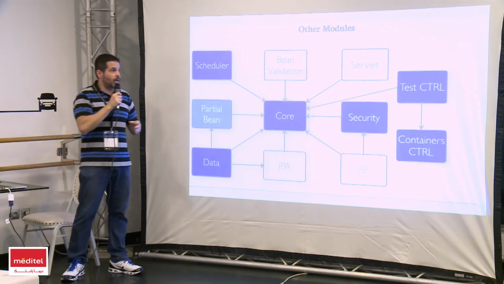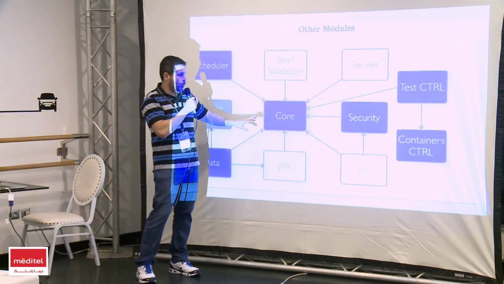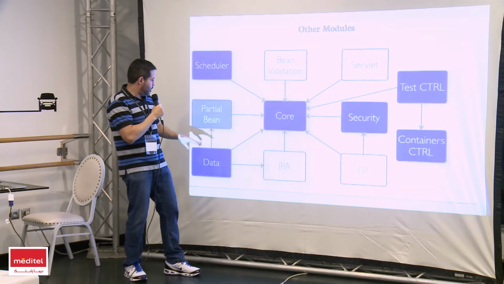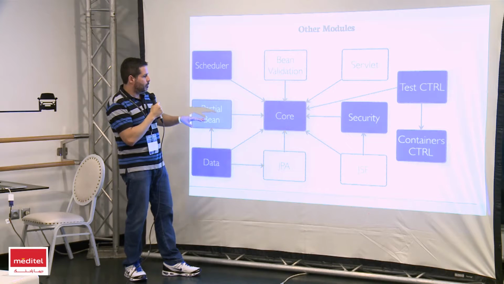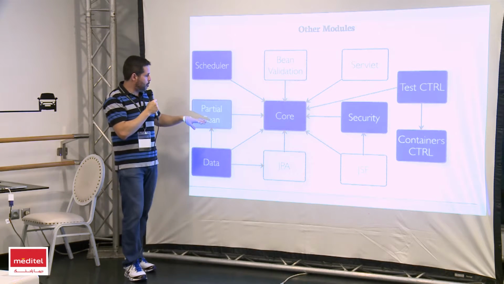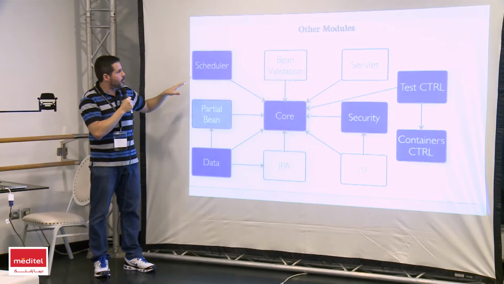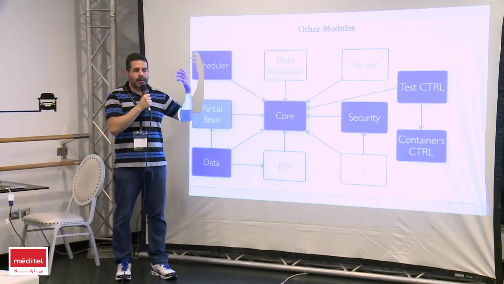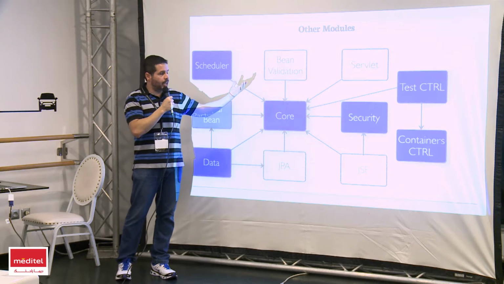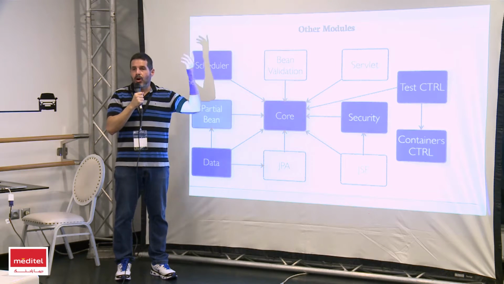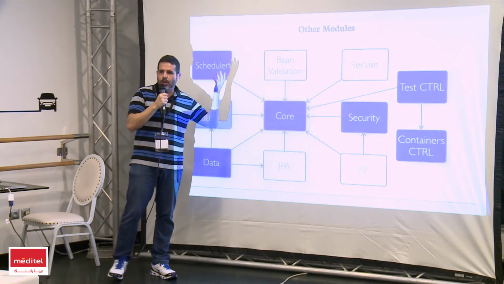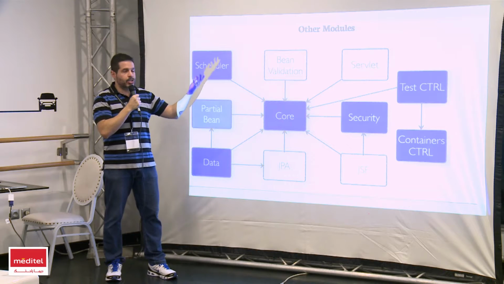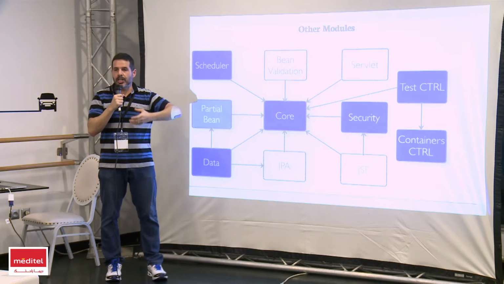Well, I talked about core, security, data, JSF, mentioned partial bean, scheduler, but there are also features for bean validation and for servlet, which on Java EE 6 CDI 1.0, the bean validation and the servlet were not integrated with CDI.